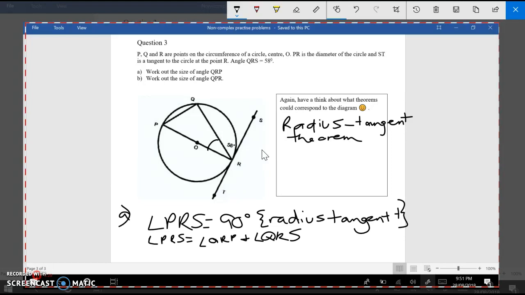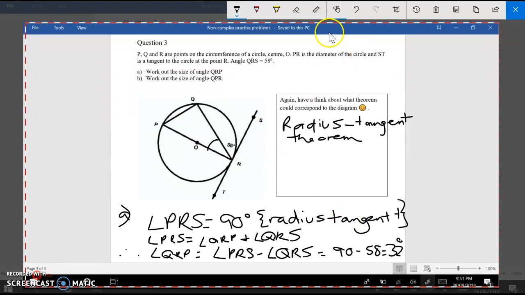Therefore, angle QRP equals, well, you just rearrange this equation. Angle PRS take angle QRS. So that's actually going to equal 90 take 58, which equals, hopefully I don't get this wrong, 32 degrees. First part of the question.